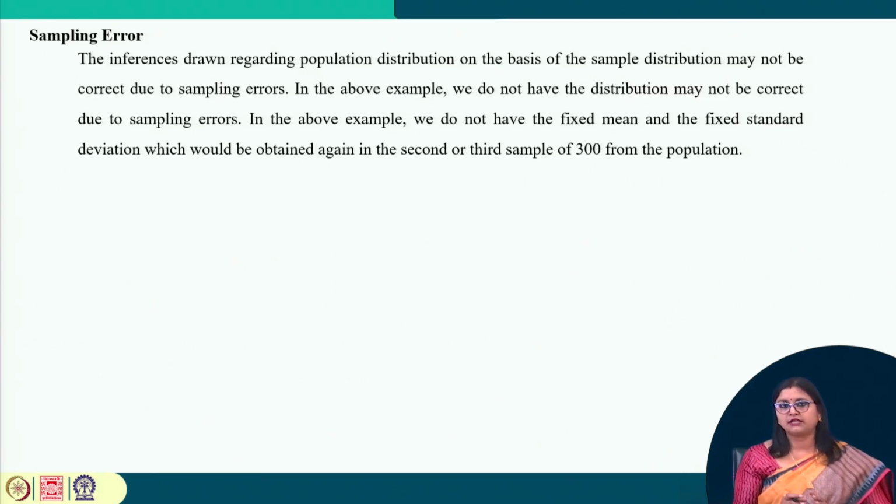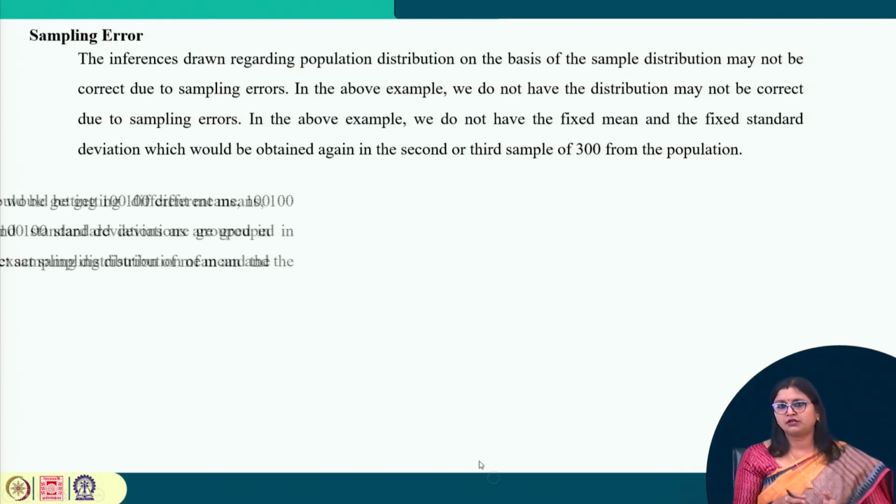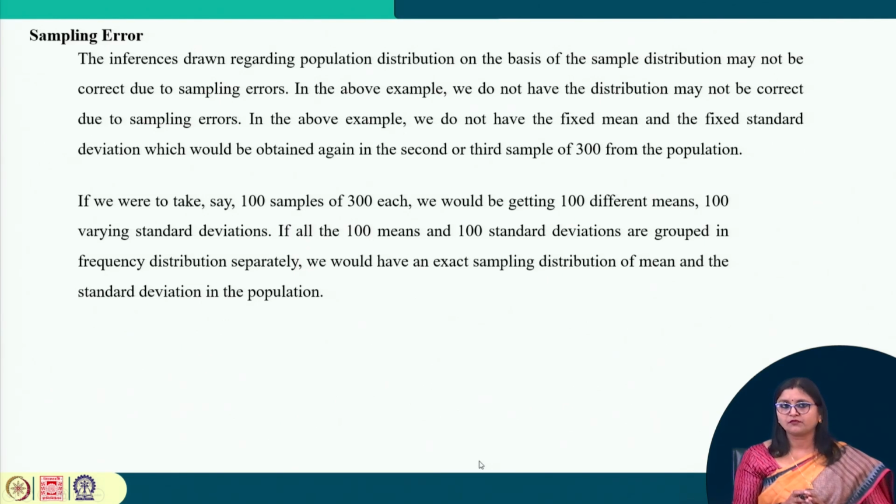In that example, we do not have a fixed mean or fixed standard deviation which would be obtained again in the second or third sample of 300 from the population. If we were to take, say, 100 samples of 300 each, we would get 100 different means and 100 varying standard deviations.